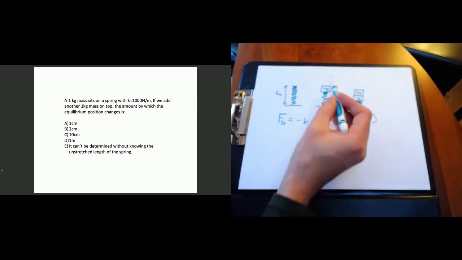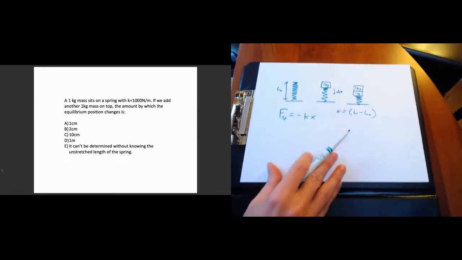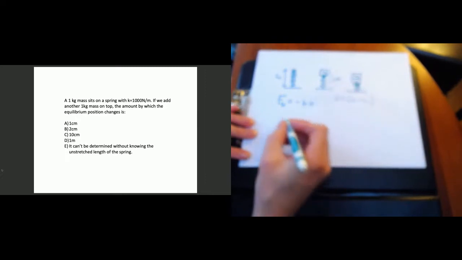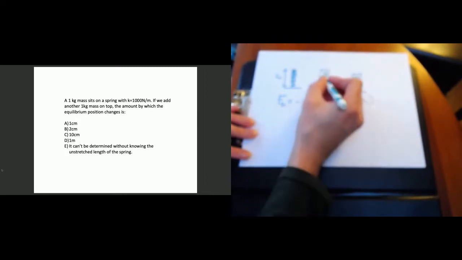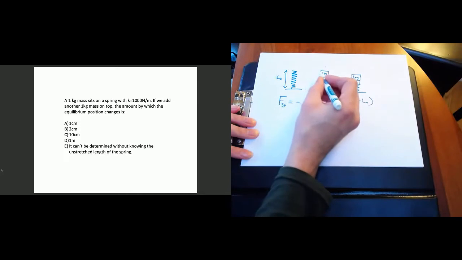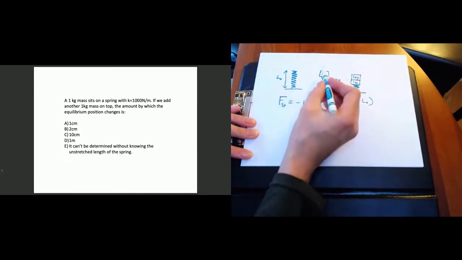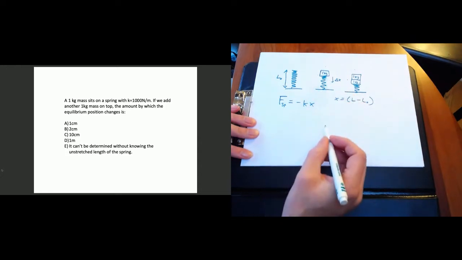But what we can do is just compare these two situations. And so what we know in each situation is that because we're in equilibrium here and because we're in equilibrium here, the net force on the mass is going to be equal to 0.